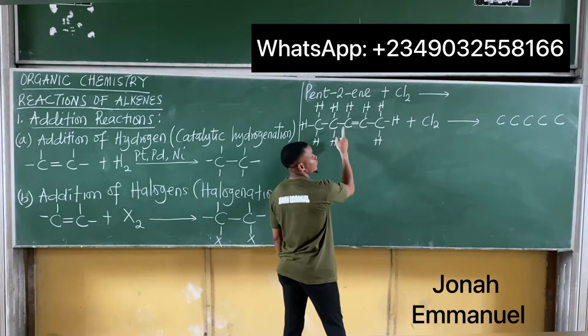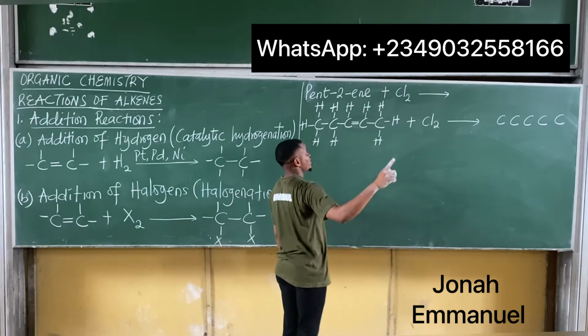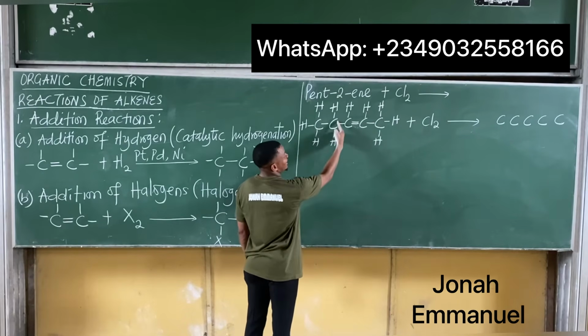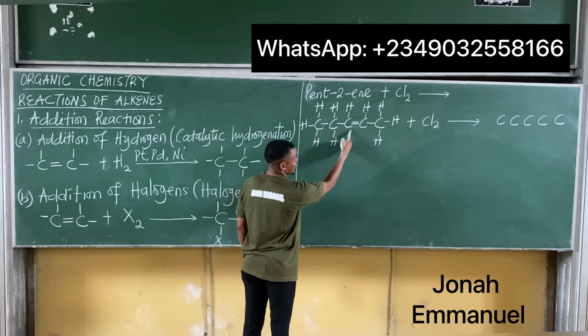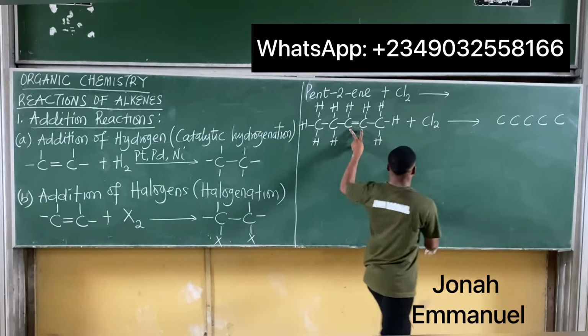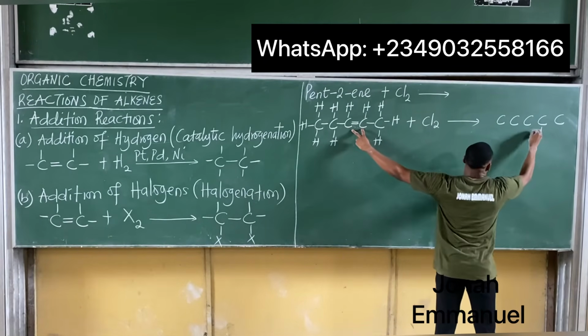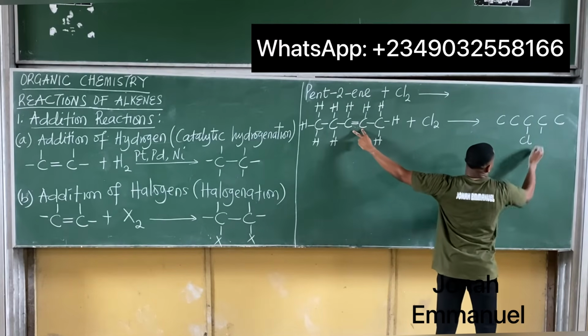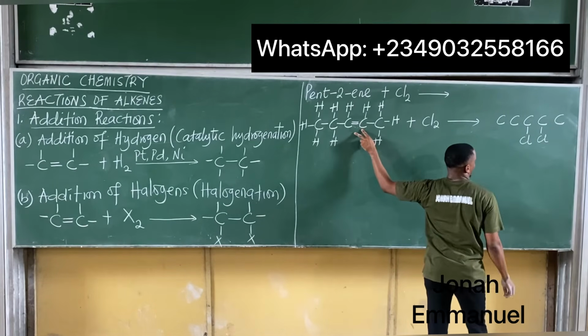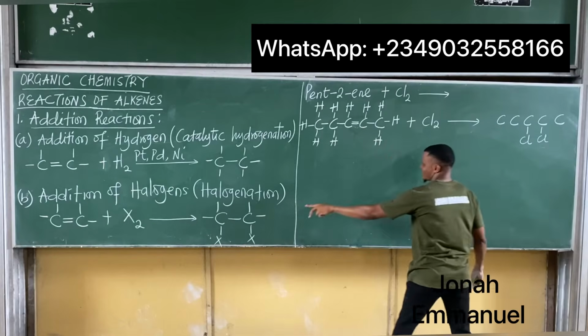Why? They were the ones bearing the double bond. So that means for you, if you are choosing here as your 2, your Cl becomes what there? Here and here. So for mine, it will be these 2, that's this one here. Since these 2 were the ones bearing the double bond, my chlorine comes here, my chlorine comes here. Of course, it becomes a single bond.